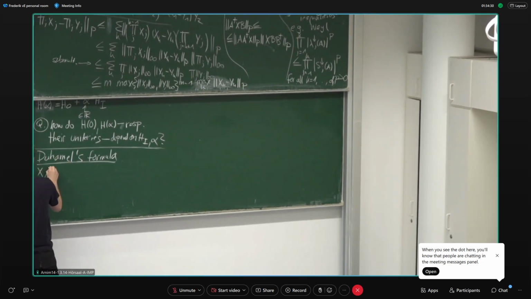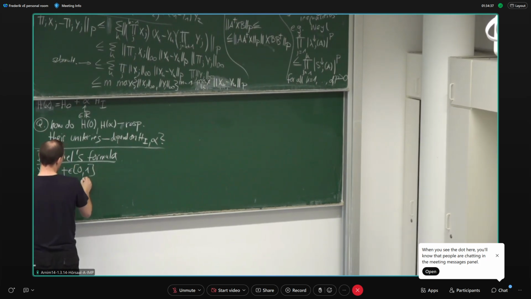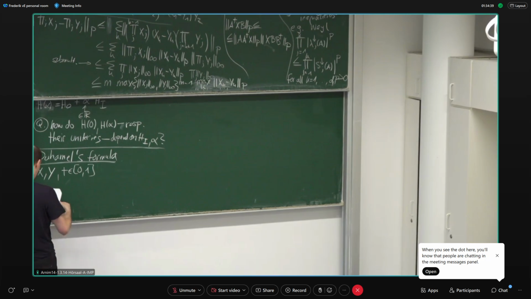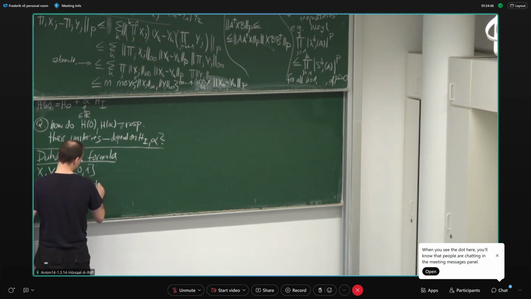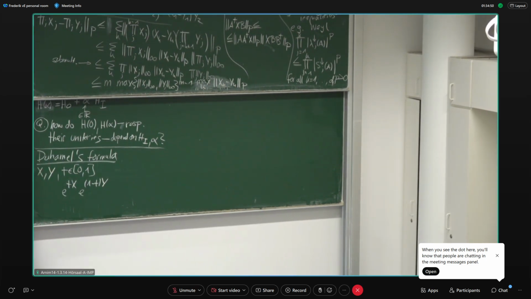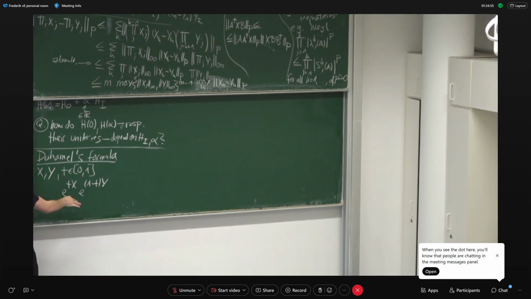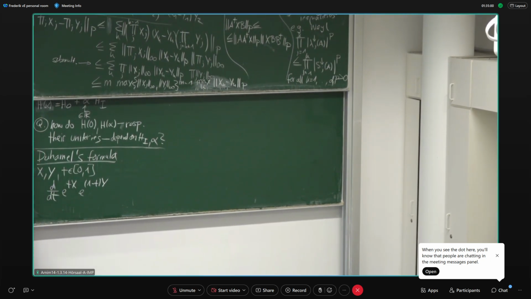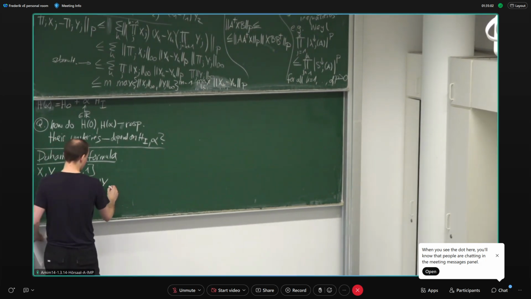So we start from 2 matrices x and y, and we introduce an artificial time parameter t. And what we look at now is the product of these exponentials: e to the tx, e to the (1 minus t)y. Actually, t could be anything, but we'll only use it in this range. Anyway, this thing you can very easily differentiate. It's just the product rule.